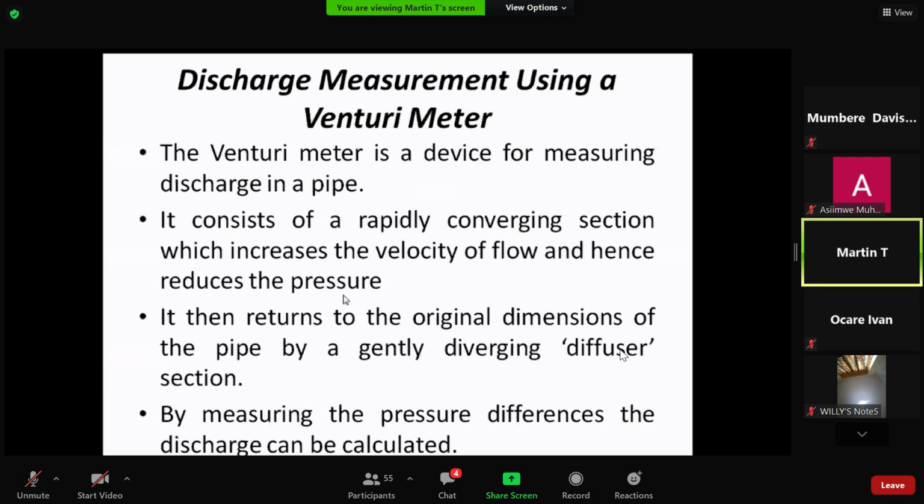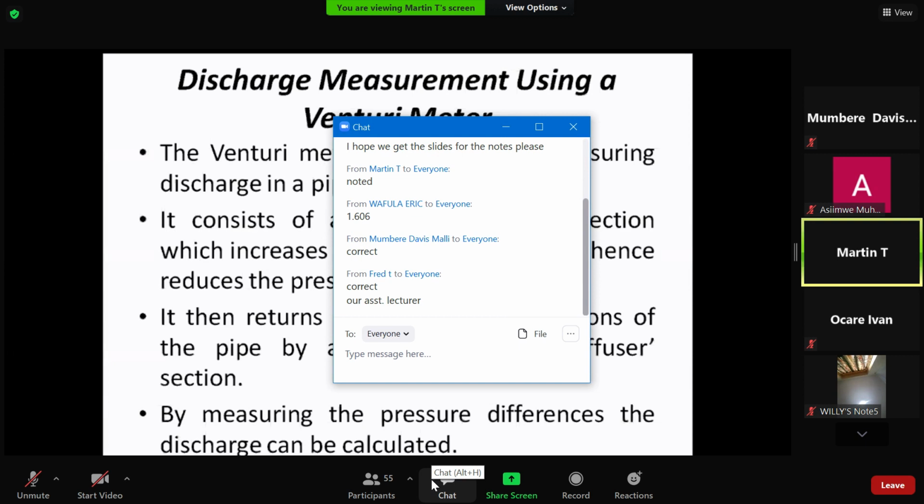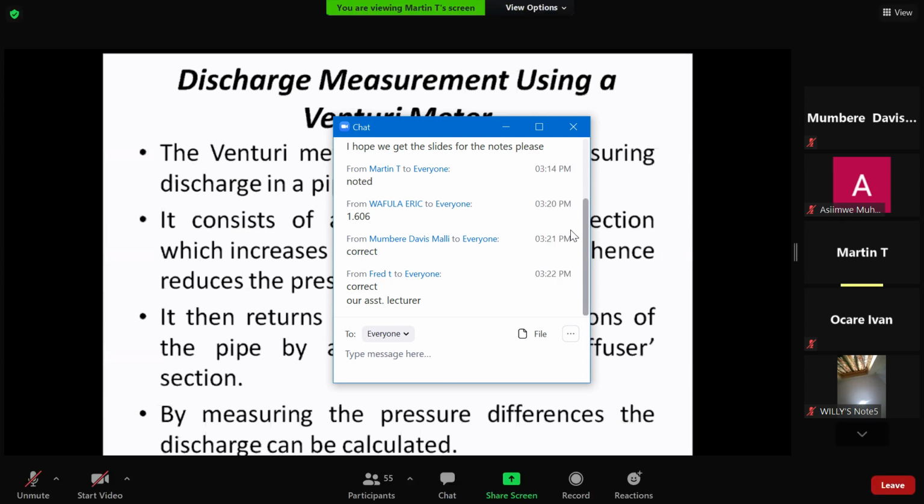Now, when we talk about discharge, we are talking about volume flow rate, because discharge is a flow per time, not the speed of the flow. That is for the entire cross section. So, like you've seen, it consists of a converging section.